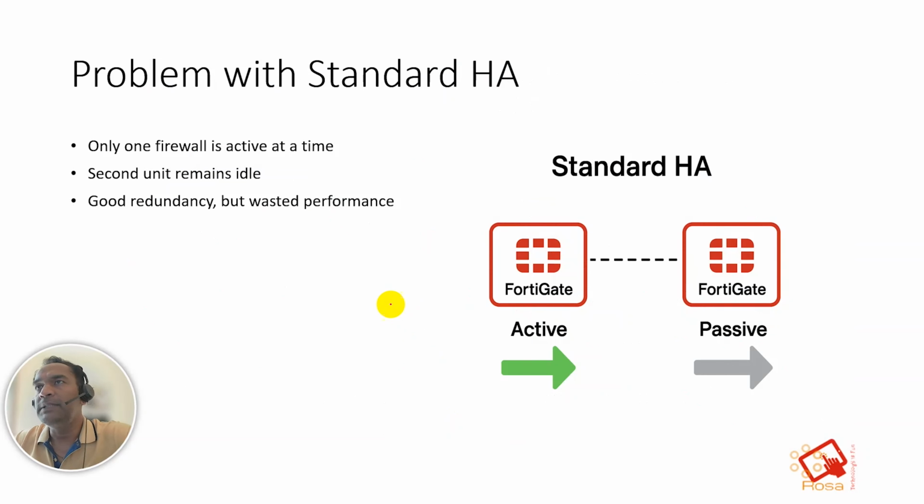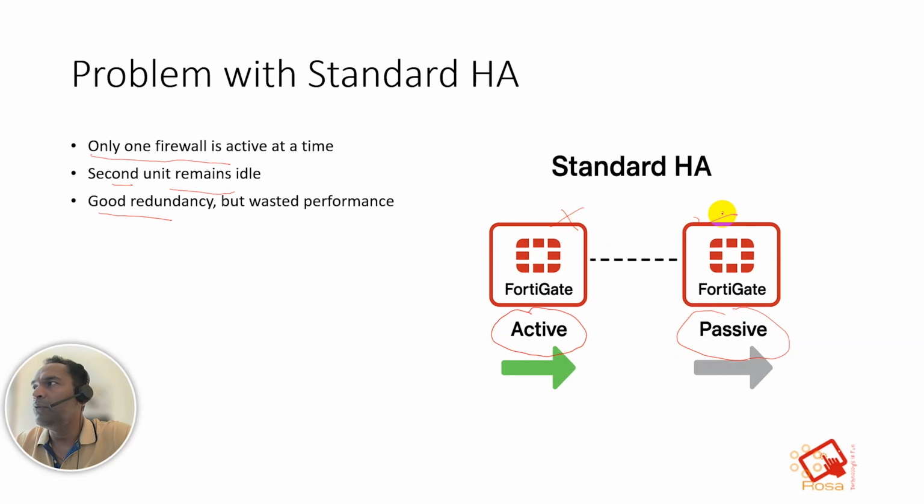Now, what is the problem with standard HA? In standard HA, only one firewall is active at a time. The second unit remains idle. Good redundancy, but wasted performance. As I mentioned in the previous slide, one device will be active and the other will be passive. This is good redundancy, because as soon as this device fails, the other will take over.